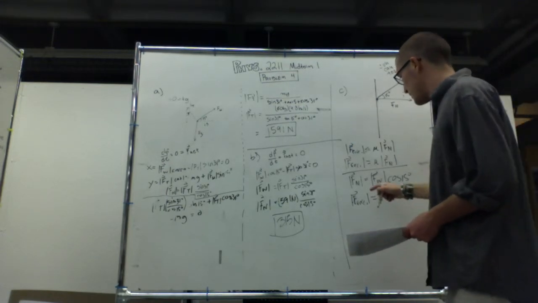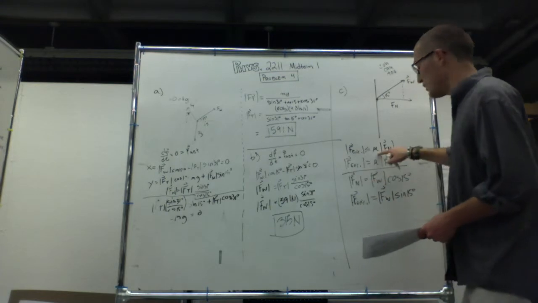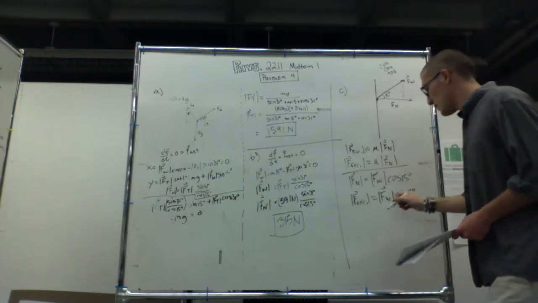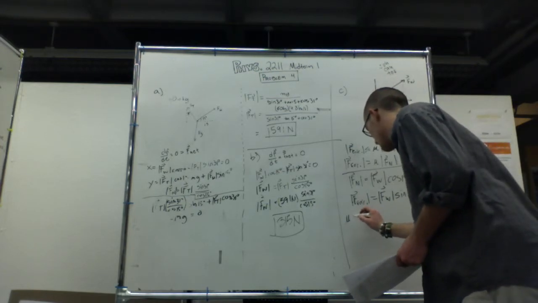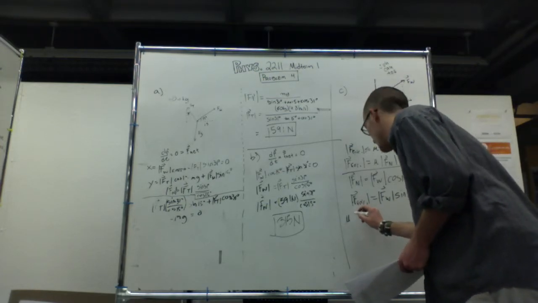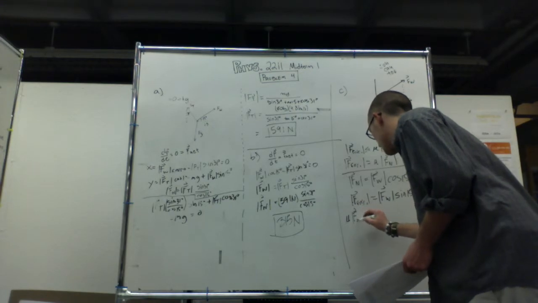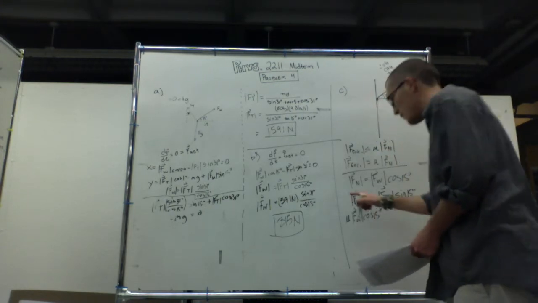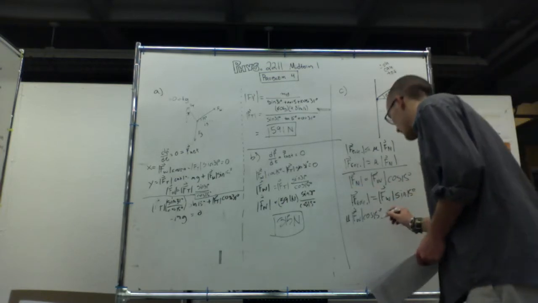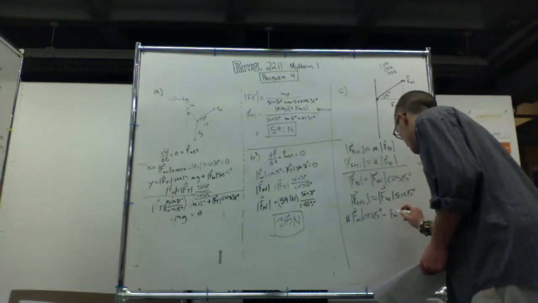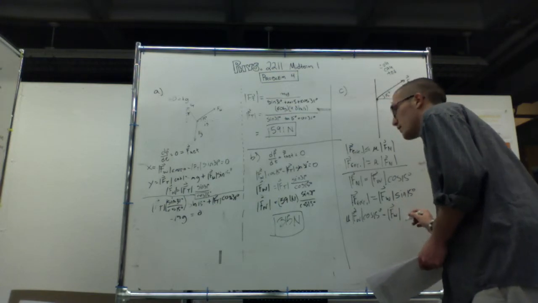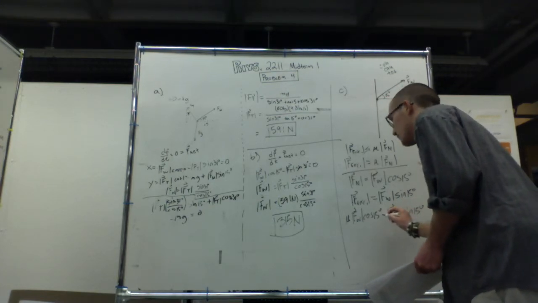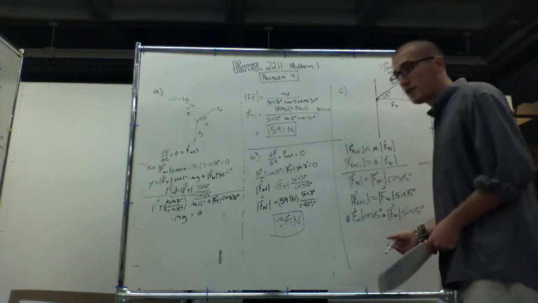So then you have to bring your mu, the static coefficient of friction, in again. So you bring that into the equation. So you have mu times F_w times the cosine of 15 degrees from our first equation is equal to F_w times the sine of 15 degrees.